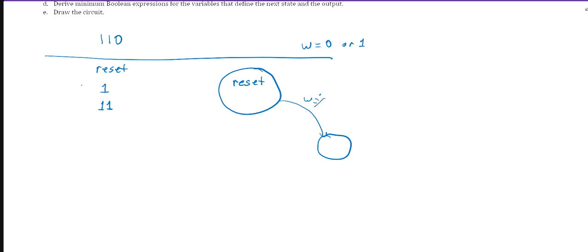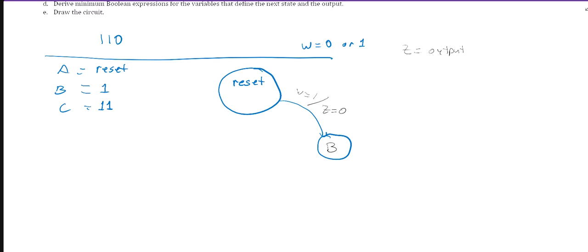I'll call reset A, the single 1 state B, and the two 1s state C. So if I get a 1, I have made progress, but I haven't completed my sequence yet. So my output, and I'll let my output be Z, will be 0. This is state B here, and state B corresponds to having a single 1.